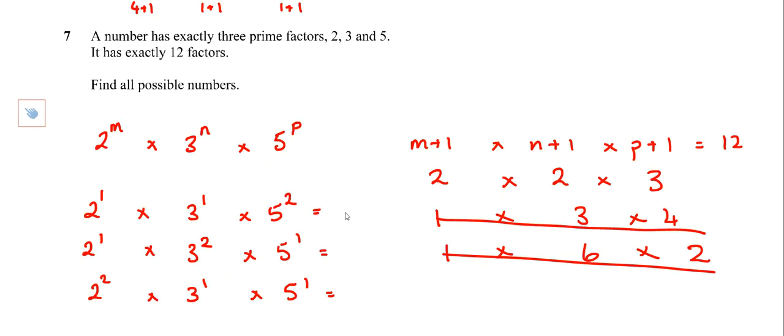Maybe not. 75 times 2. Yeah, 75 times 2 is 150. This one's 90. 9 times 2 times 5 is 9. And then this one's 60. Okay, so there are 3 numbers.